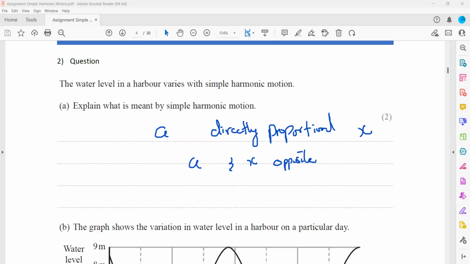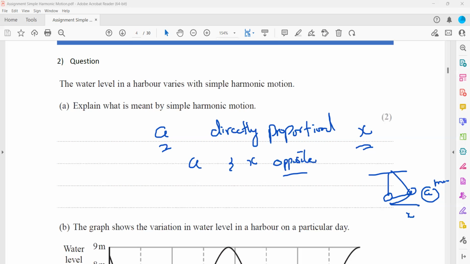If we have maximum displacement, we have maximum acceleration, because they are directly proportional. If an object is vibrating at its extreme position, there is more displacement, so at this position acceleration will be maximum. But the direction of acceleration and the direction of displacement are always opposite.